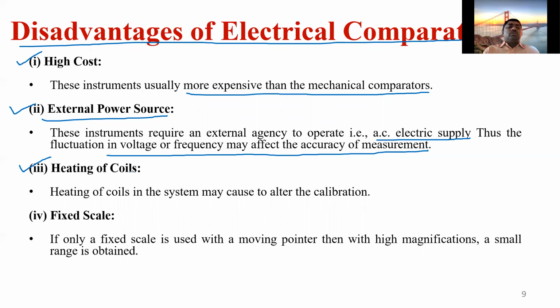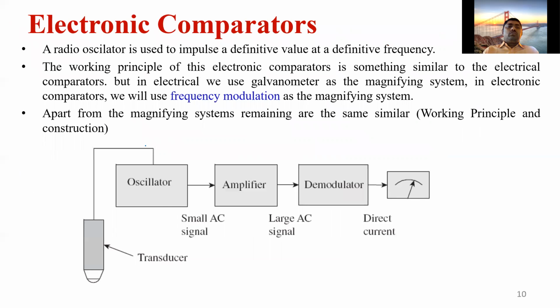Heating of coils in the system may alter the calibration, so we need to calibrate these instruments frequently. Fixed scale: if only a fixed scale is used with a moving pointer, then for high magnification only a small range is obtained using the electrical comparators.